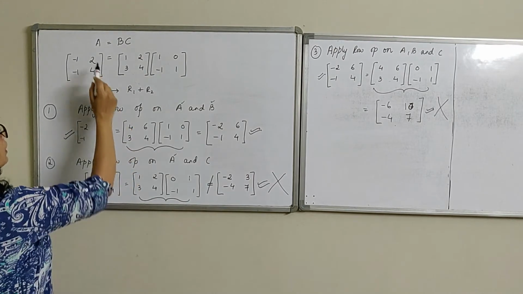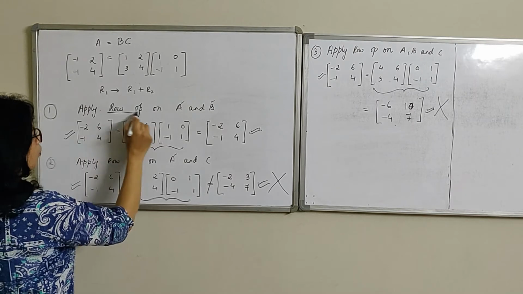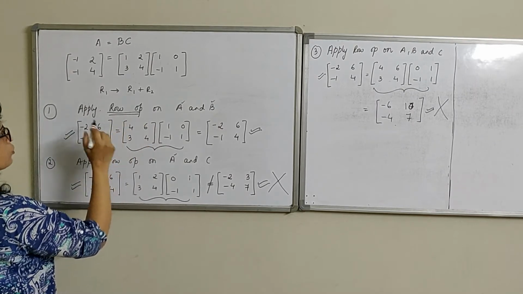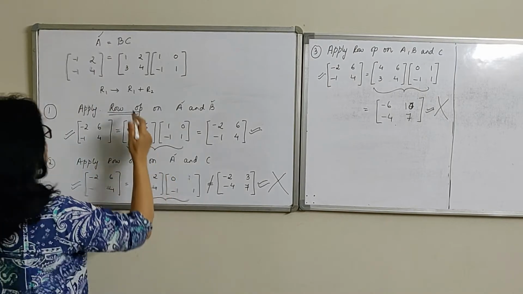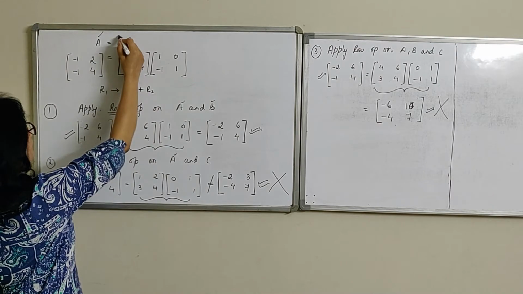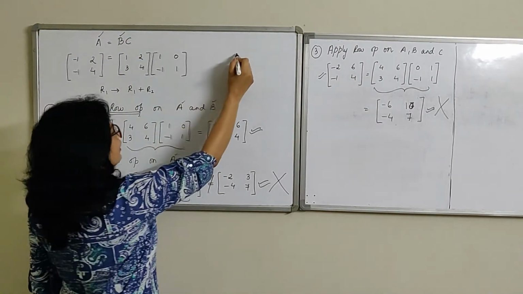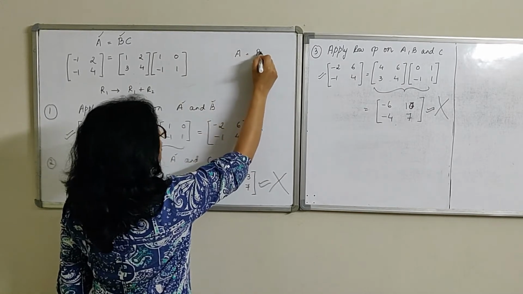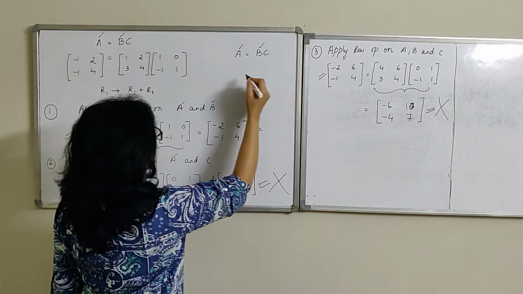If you notice, our equation is A is equal to BC. When we apply a row operation, the row operation is to be applied on matrix A, the single matrix on the left hand side, and on the right side we have the product of two matrices. The operation is applied on the first matrix here. The matrix equation is this. We perform the operation here and here, row operations.